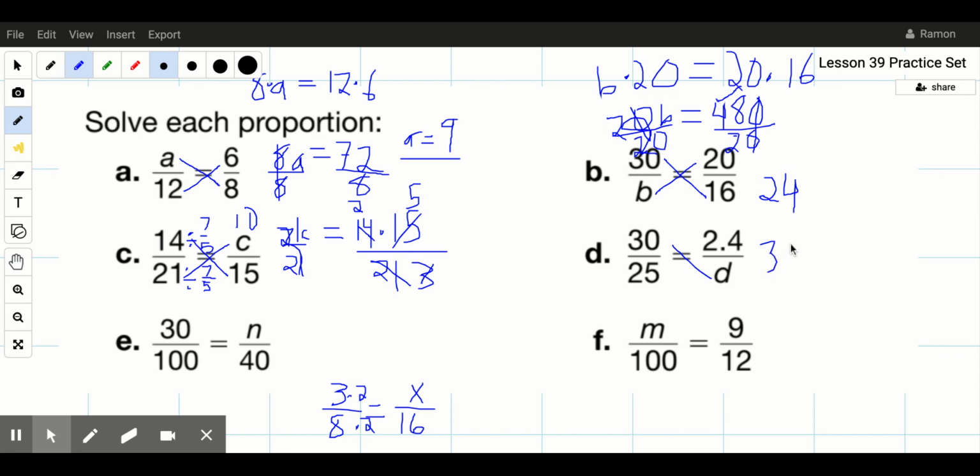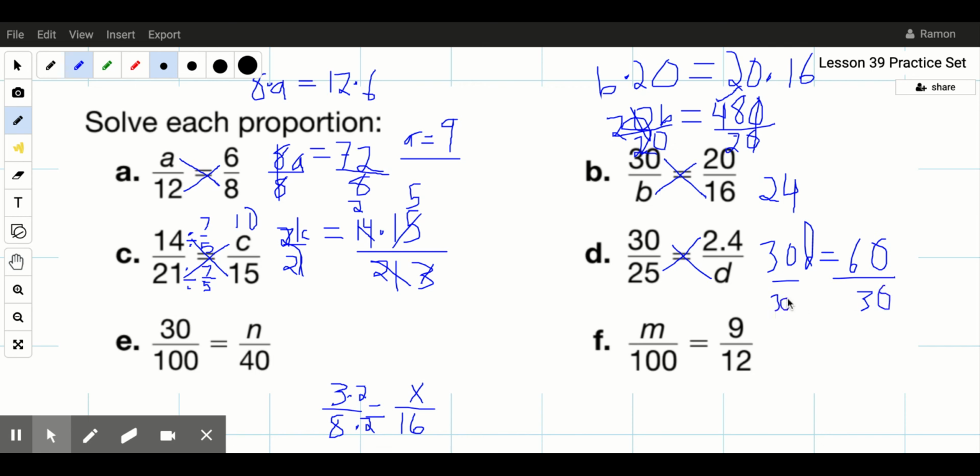So 30 times d is 30d. 25 times 2.4 is, well, 2 times 25 is 50. 4 tenths of 25 is 10. 50 plus 10 is 60. And you divide both sides by 30.